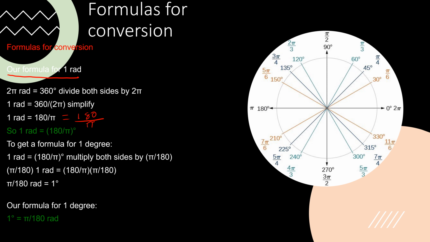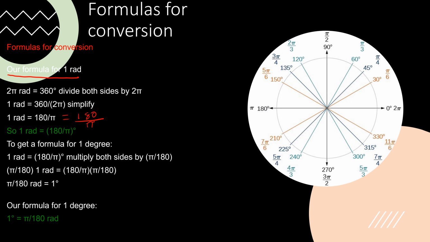Now, let's say we wanted to have a formula for degrees, or in this case, 1 degree. So we take the formula that we just got: 1 radian equals 180 divided by pi. We're going to take that formula and multiply it by the reciprocal of 180 over pi.